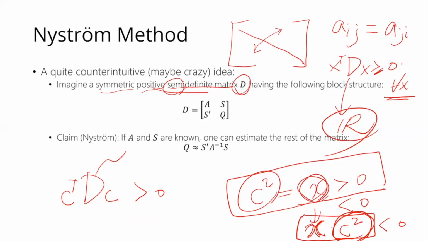And when the matrix D is negative, then you want this quadratic form to be negative. That's the definition of a positive definite matrix, and this is the definition of a negative definite matrix. And semi means it's not 100% certain. There are cases where the quadratic form is equal to 0.